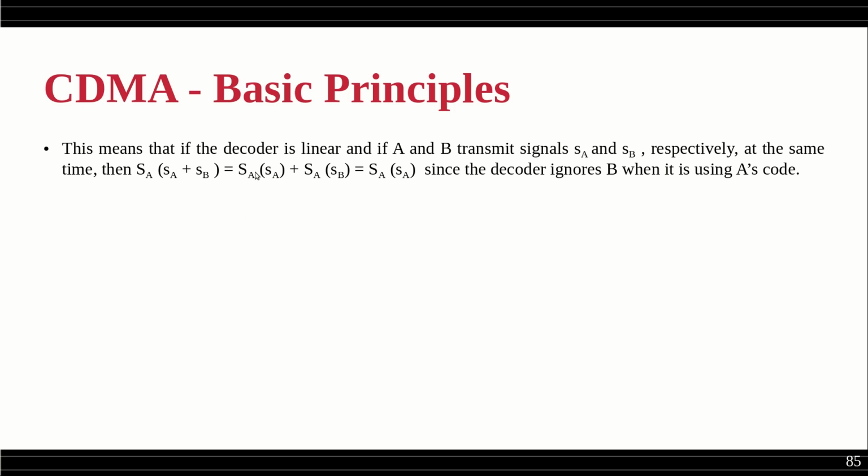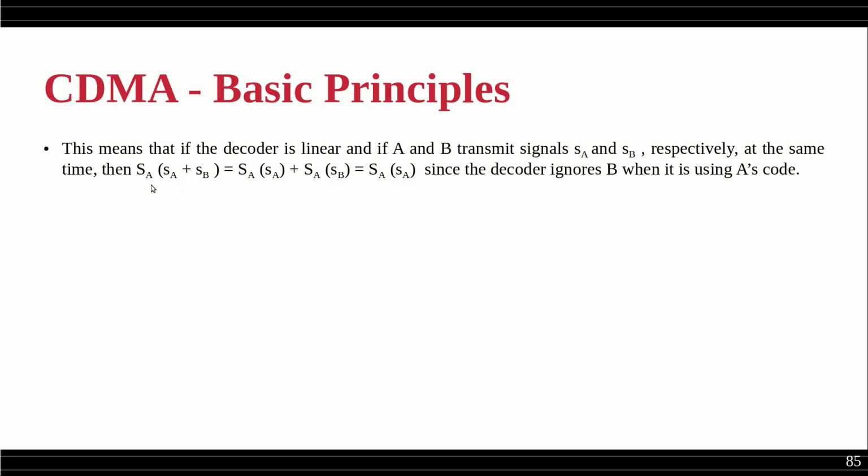Okay, so assume that the decoder is linear, and A and B transmit signals, so SA and SB are the signals being transmitted by A and B respectively at the same time. As it is multiplexing, A's data and B's data will be combined and come together. So the receiver will receive a single signal, which is a combination of SA plus SB, but the receiver will be able to correctly decode SA alone, because of the property that we have seen already.